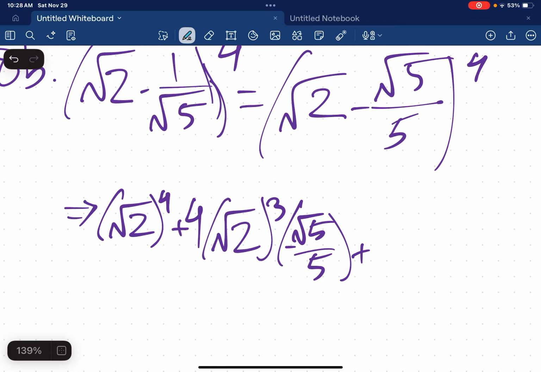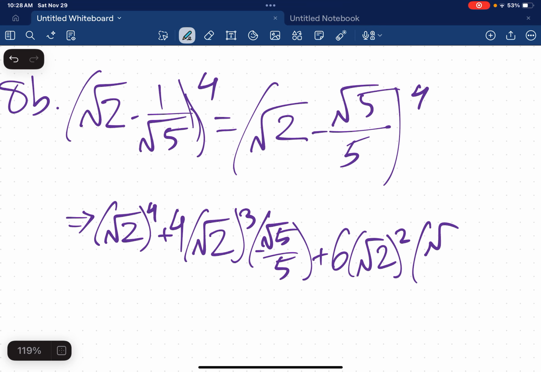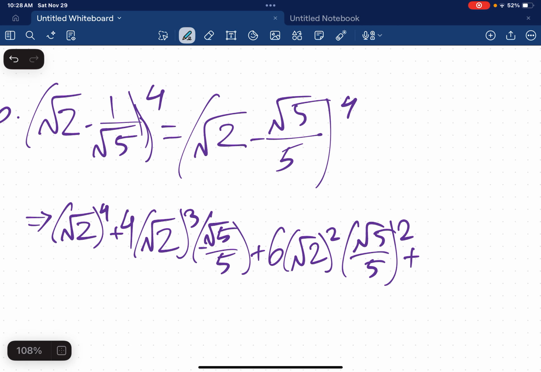Plus 4 choose 2, which is equal to 6. 4 choose 3, which is going to be equal to 4 again.